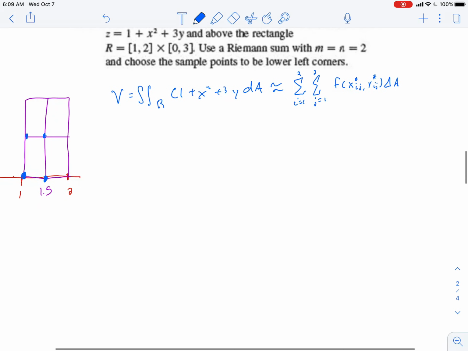And now we're going to go ahead and substitute in for what each of those mean. And so what we're going to do is take the height at (1, 0).